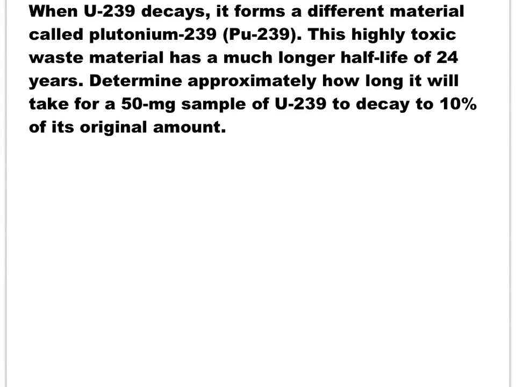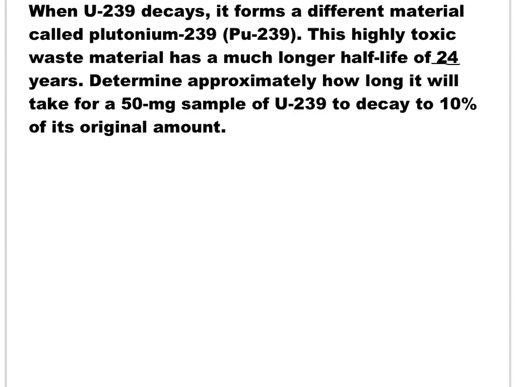In the first example, we have a radioactive material U-239 which decays, and it decays to another radioactive material called plutonium-239, Pu-239. In this example, we have a U-239 which has a half-life of 24 years.